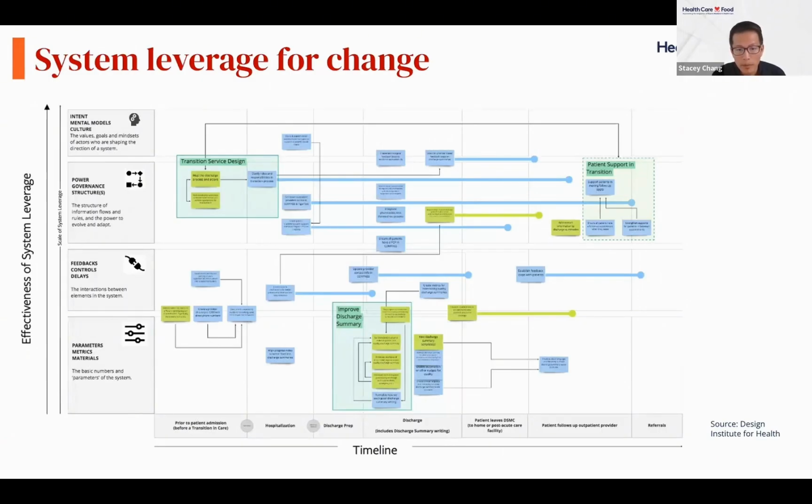And then at the very top, you have things like intent, mental models, and culture, which have a huge impact but are extraordinarily difficult to change at a system level. These levers essentially define what the system is designed to do and how you shape the direction of the system. And as you consider the interventions you're researching, it's useful to consider what in the system you're trying to change and what mechanisms for leverage are at your disposal.